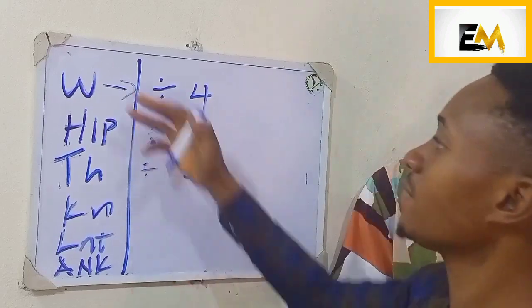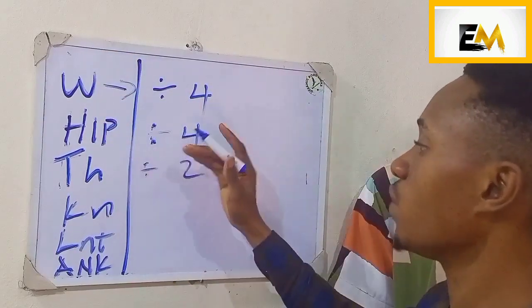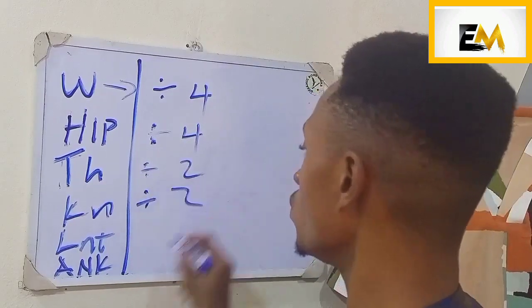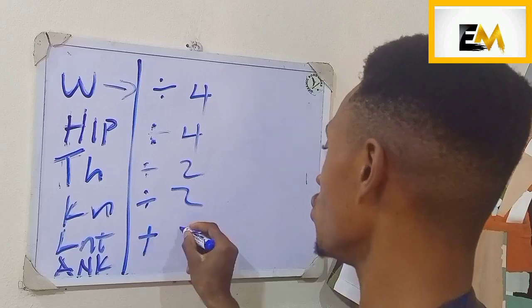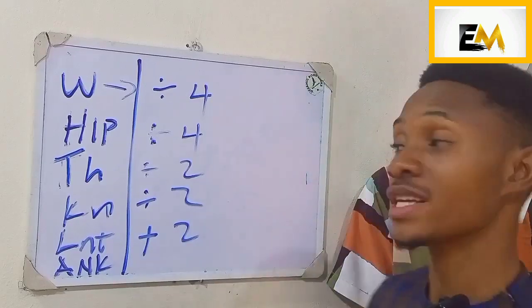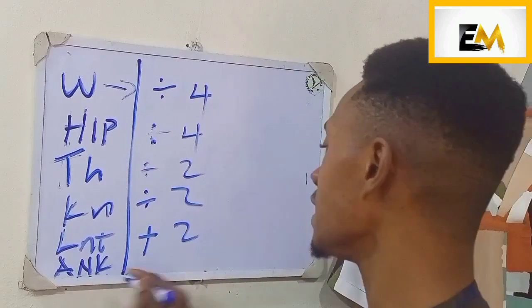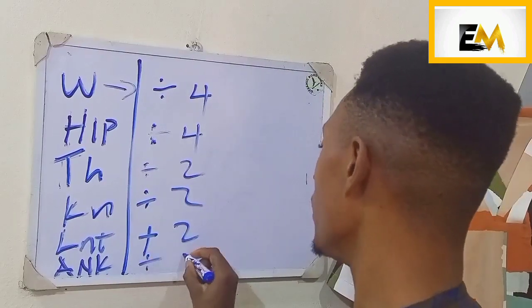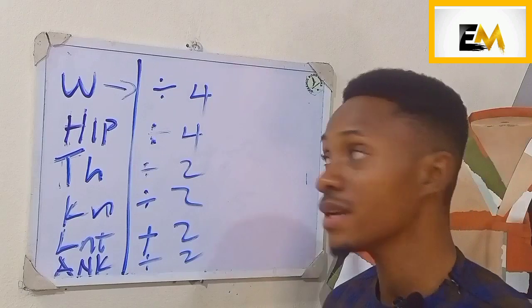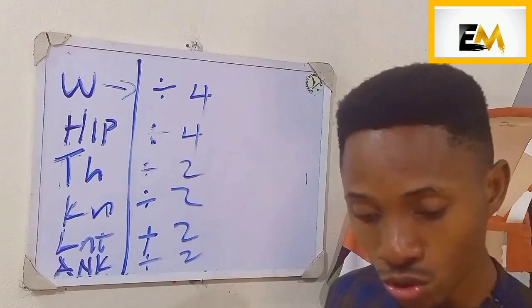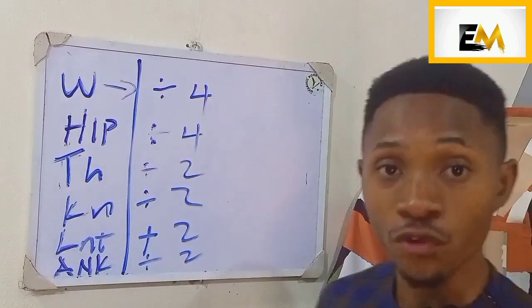Every other thing after waist and hip will be divided by 2. The knee also divided by 2. In the overall trouser length, you are going to add 2 for the hemming allowance. The ankle is divided by 2. This is just the basic formula in drafting your trouser front pattern.